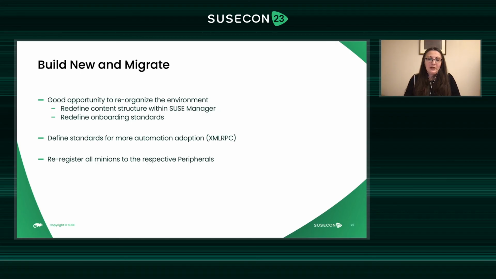One way or another, you have to redistribute the load of systems that you have in your existing SUSE Manager to some peripherals. So building a new hub, new peripherals, and then deciding on the mapping and then migrating to the new architecture is probably easier than trying to reuse the existing SUSE Manager instance that you have.